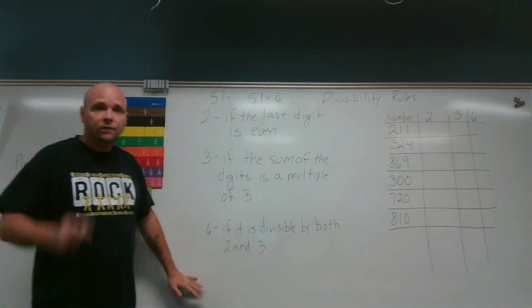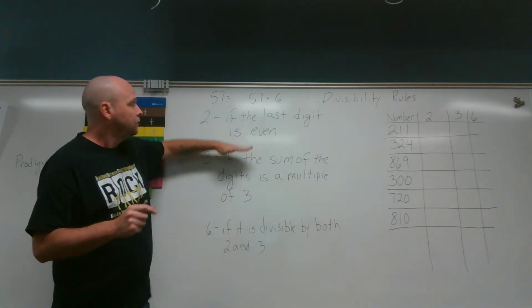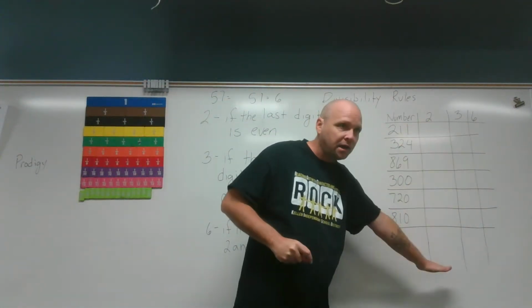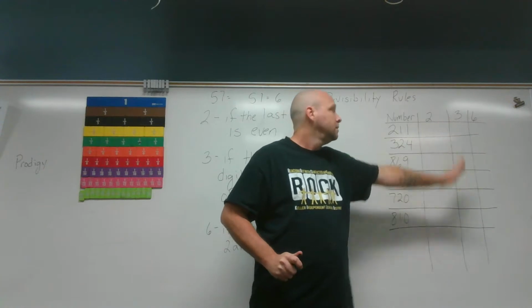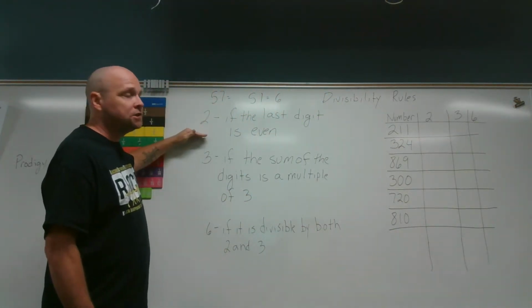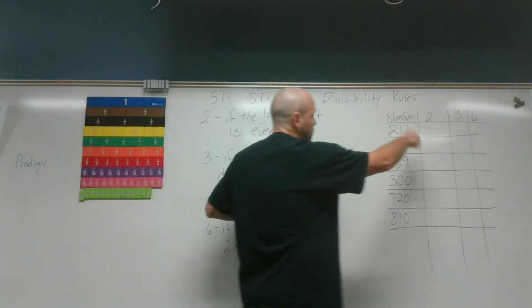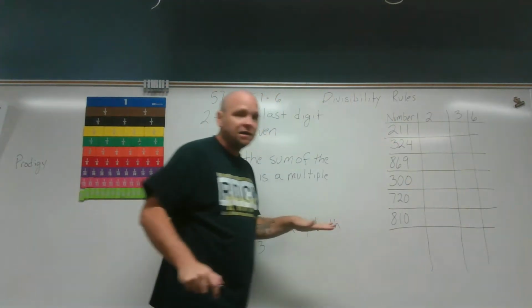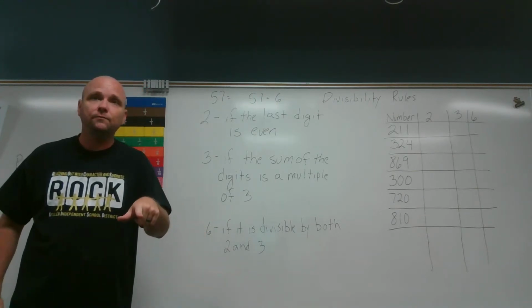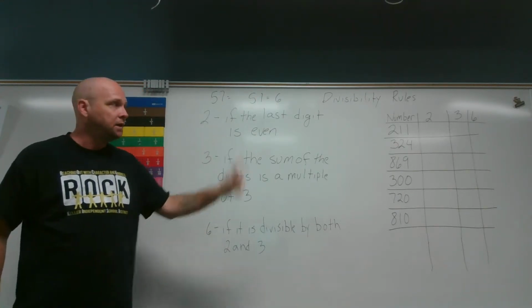So now I want you to look at the rule for 2, and then we're going to go through everything here and put a check if it's in the rule for 2. Okay? So if the number is divisible by 2, you're just going to put a check. If it's not divisible by 2, you're going to leave it blank. So if you're watching at home, pause it, write down this chart.